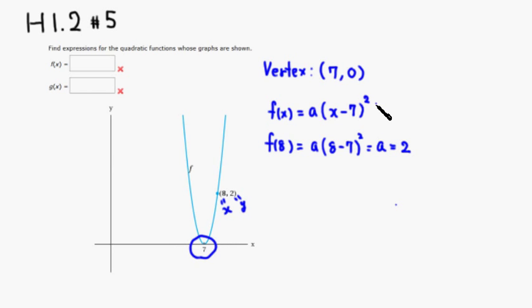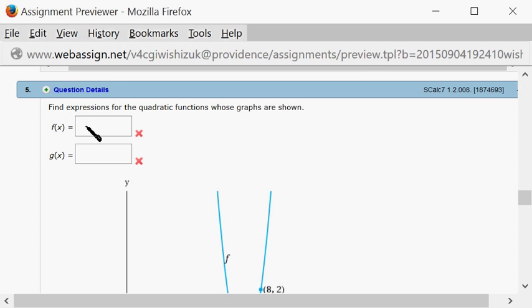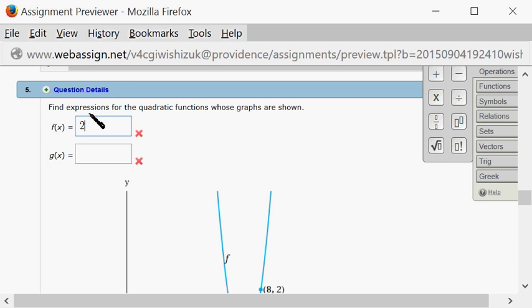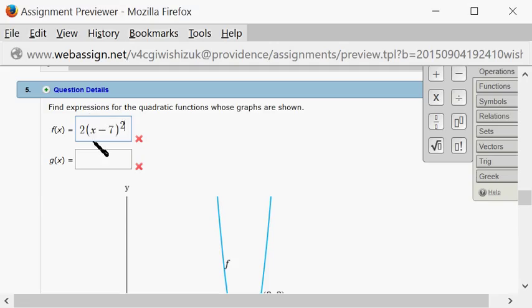So a is 2, and therefore the formula is 2 times quantity x minus 7 squared. Let's type it in. For f of x, we found 2 times x minus 7 squared.